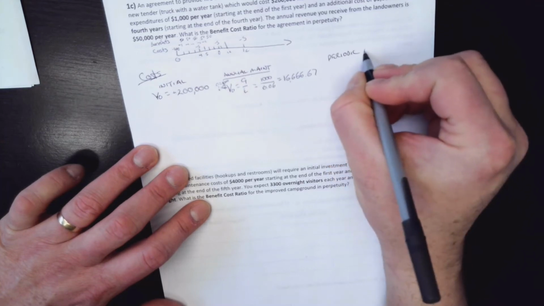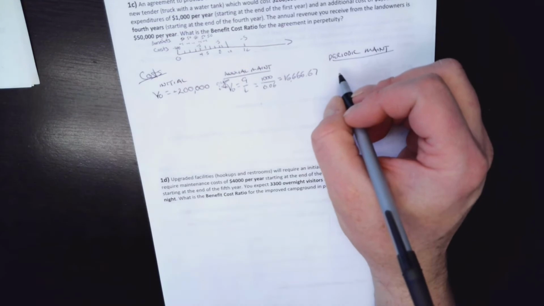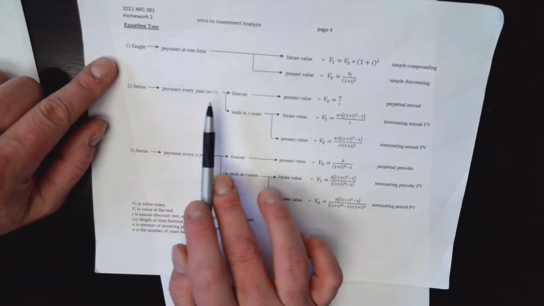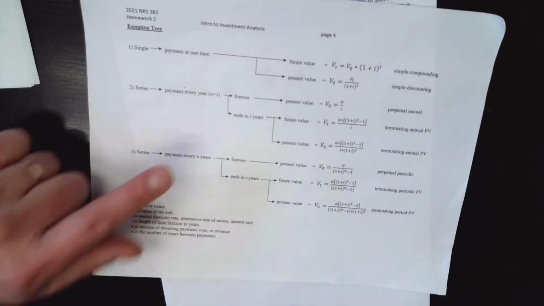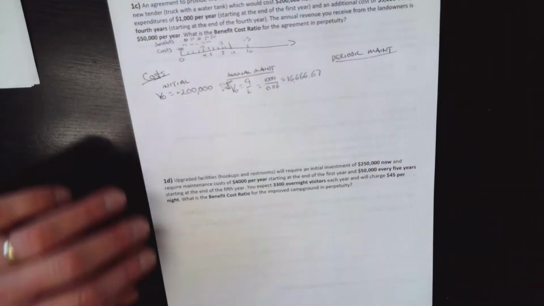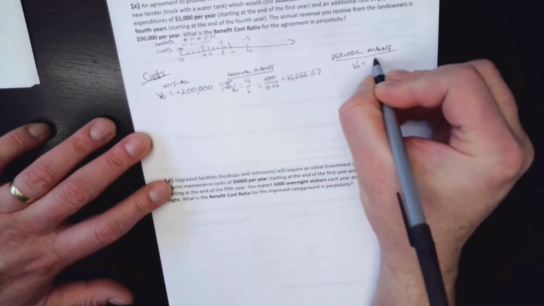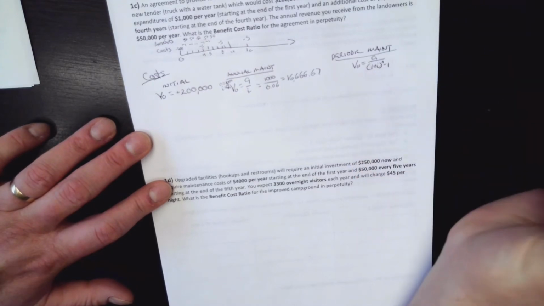Periodic maintenance. And that one, again, is not one time, it's going to go on forever. It's not every year, it's every N years, forever. It's this one that we spent the last homework doing a lot of things with. That one is VO equals A over (1 plus I) to the N minus 1.